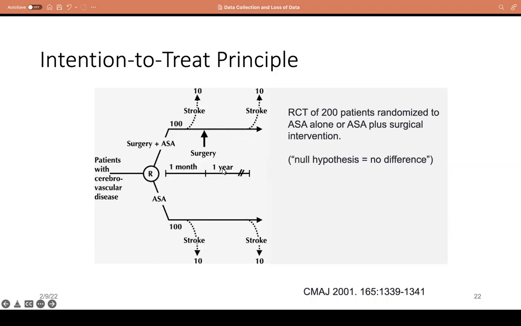You follow them forward for 1 year, which is indicated here. Another 10 people have a stroke over the course of that follow-up period. And in the aspirin group, you actually have a very similar pattern, in which 10 people have a stroke early, and then another 10 have it later on during the follow-up period.